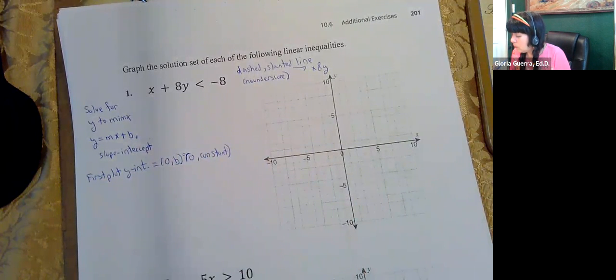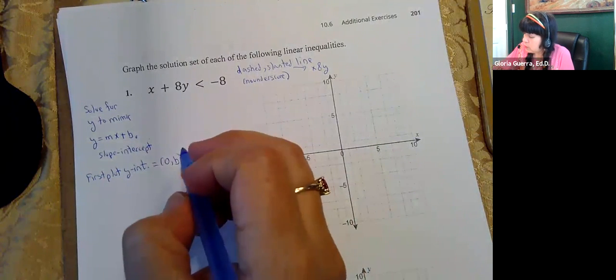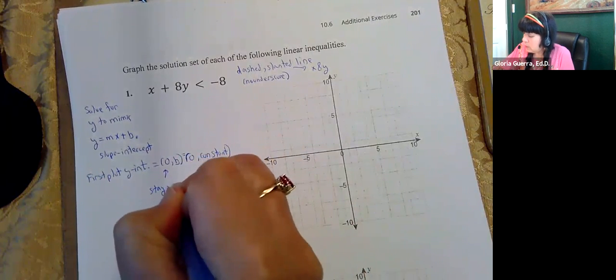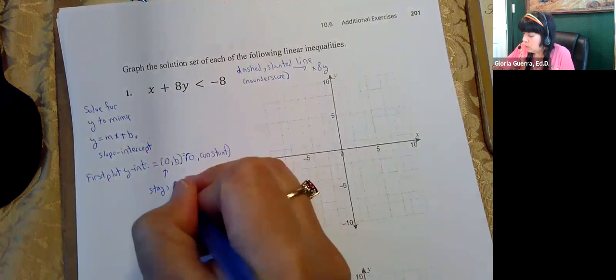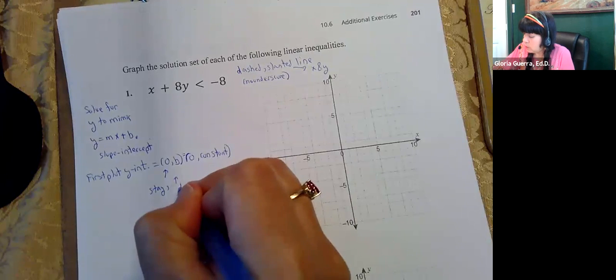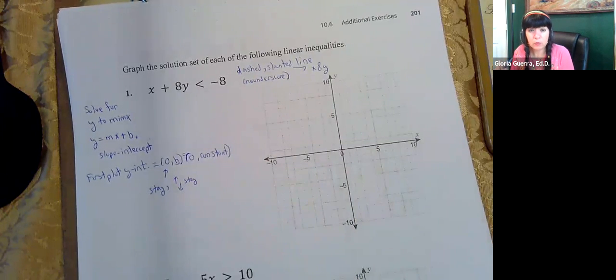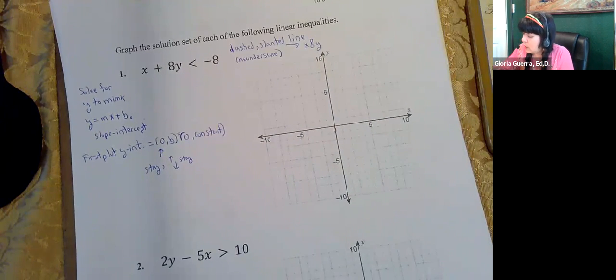Then depending on b, you're either going to go up, or go down, or if it's 0, then you're going to stay. But you first plot your y-intercept, and then you honor your slope.